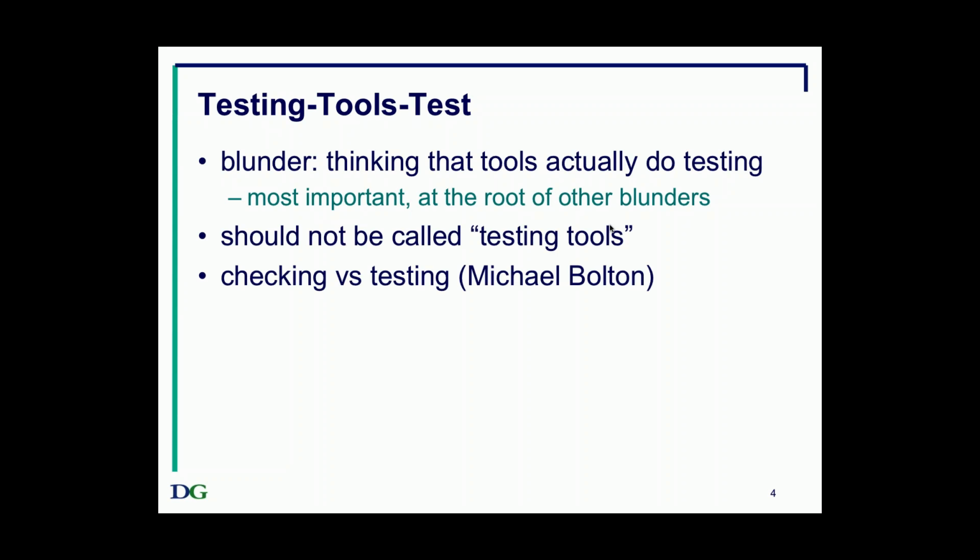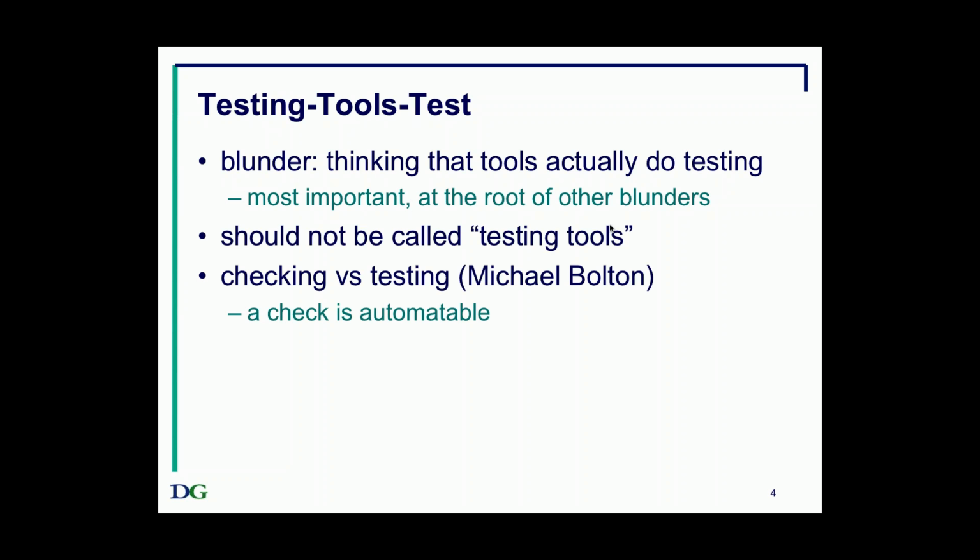You're probably familiar with the distinction that Michael Bolton makes of checking versus testing, and that's a useful distinction. I'm not entirely convinced I should change all my terminology for various reasons. There's a very interesting article written by Ken Kainer about that. But the point that Michael makes is that something which is automatable is what he would call a check.